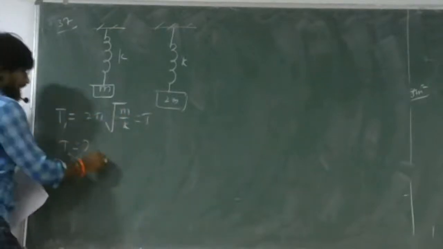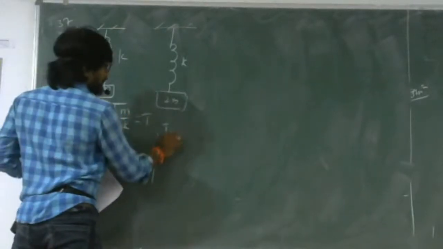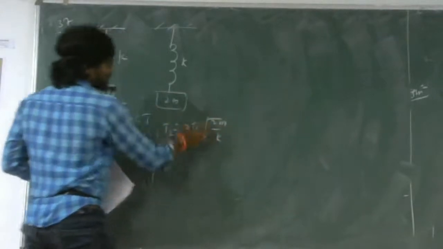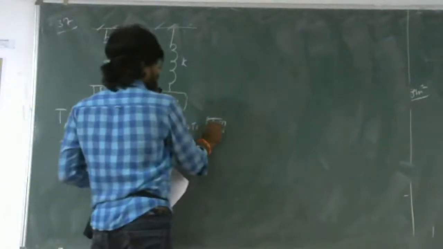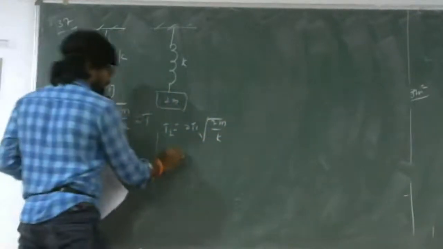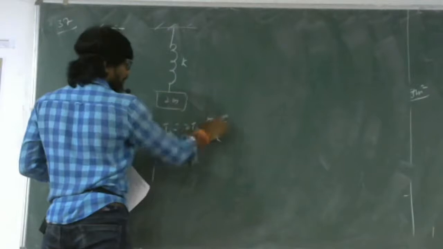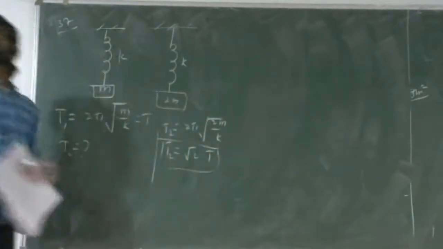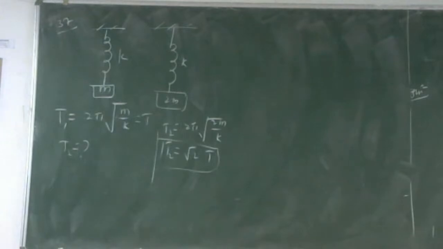If you bring this root out, you can write it as root 2 times 2 pi into root of m by k, that is T. So T2 is equal to root 2 T. That's it. So which option is right? Fourth option. That's it. Okay?